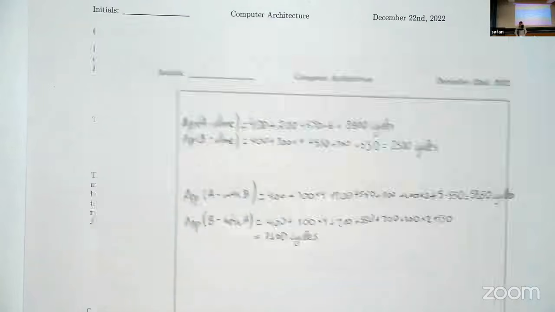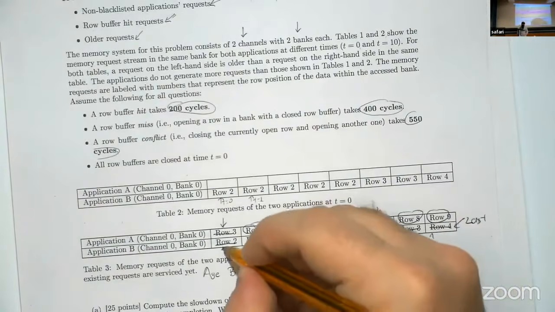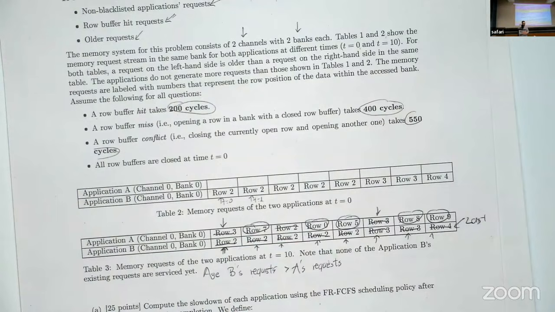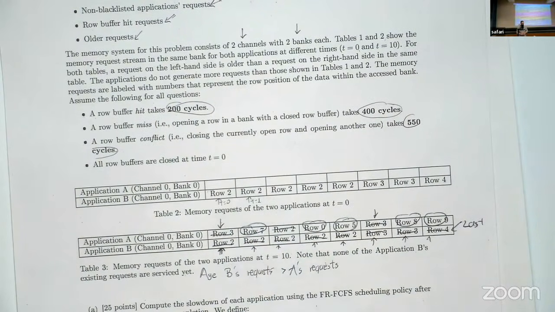So I had row 2 right here. I open it up in application B. Basically, no, let's put it another way. I have row 2 and row 3, which are the older requests of each one of the applications. So first you ask, is there a row buffer hit? No, because the row is pre-charged, right? Then you ask, which came first?